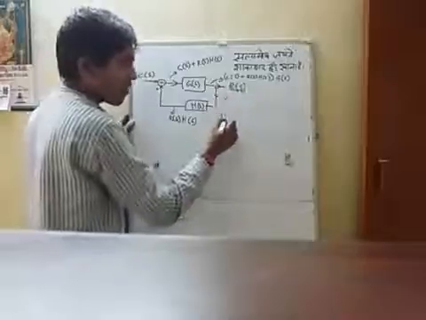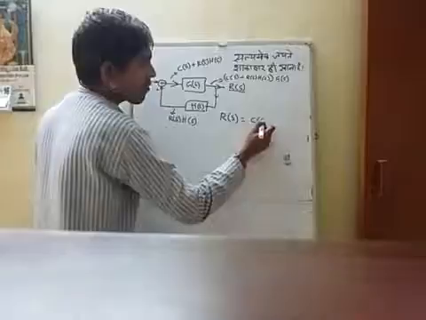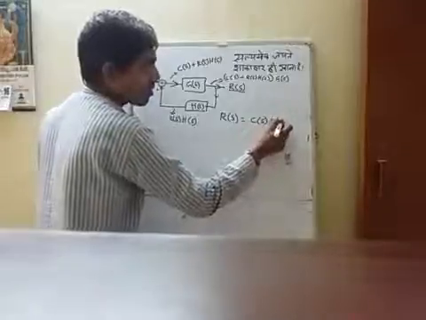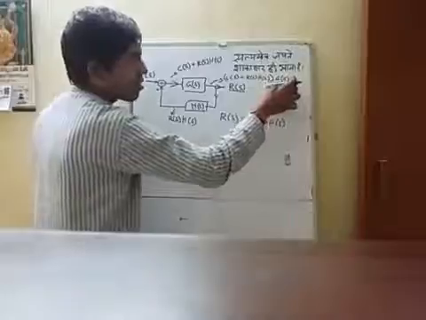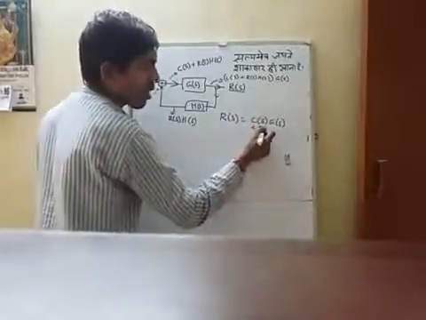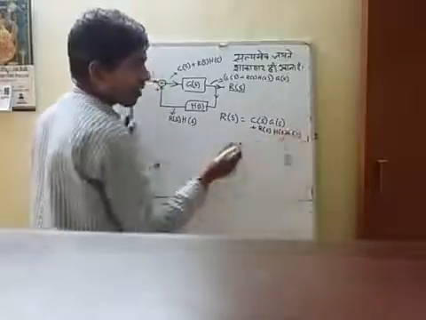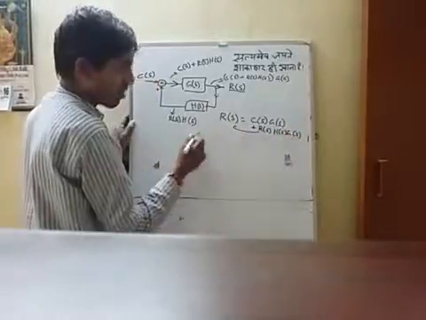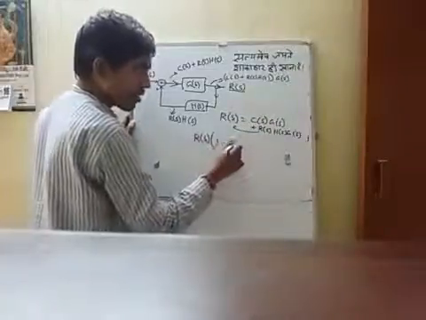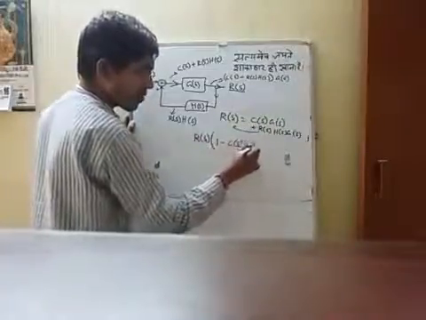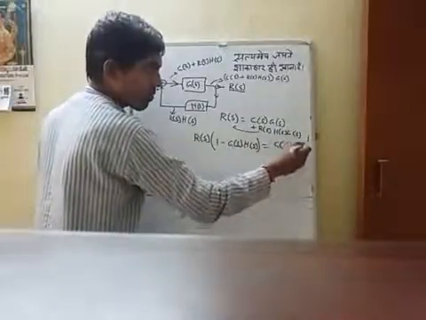So now I will write r of s is equal to c of s g of s plus this term, plus r of s h of s g of s. Now let me bring this r of s this side. I will have r of s common, and then I will have 1 minus g of s h of s equal to c of s into g of s.